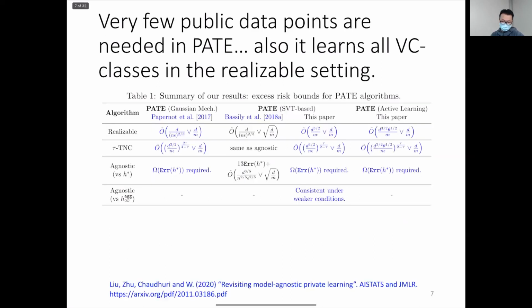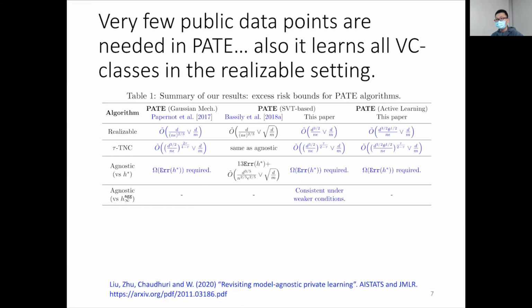There is some theoretical analysis of PATE in this knowledge transfer setting. I went over this slide very quickly in the last lecture because we were running out of time. Let me highlight a number of interesting aspects of these results. The big table is a bit intimidating to look at out of context.